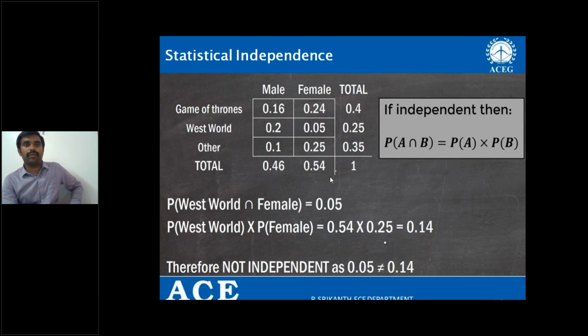Probability of female is 0.54, the total probability of subscription by the female. So if I take the product, it becomes 0.14. Is it equal to P of A intersection B? No. So there also you can say the two events are not independent.